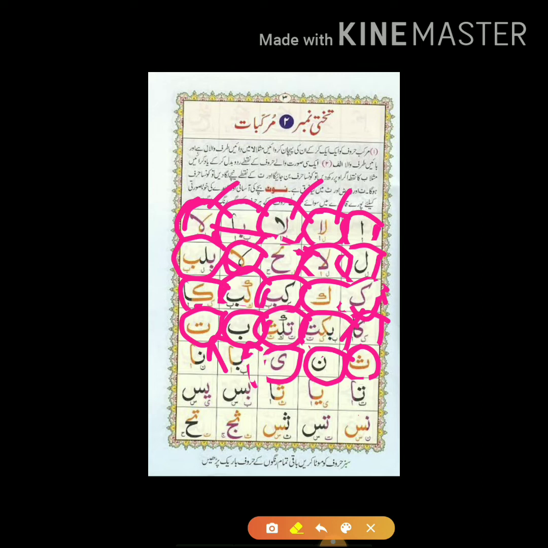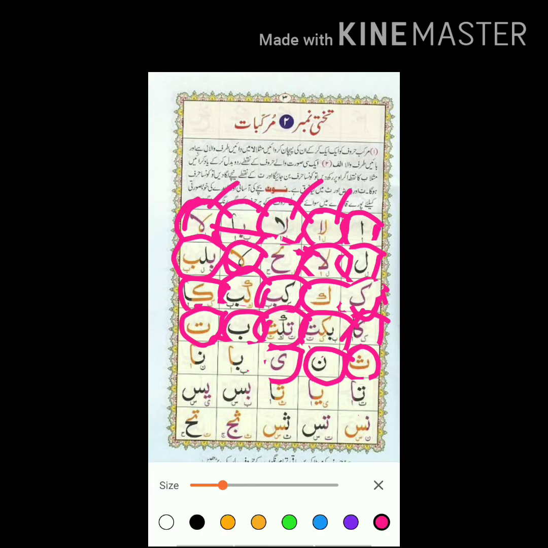We have already discussed the sounds of these letters in lecture number 1. I am again repeating: those who have missed my lecture number 1 can watch it again so that they may understand the shapes and sounds of the letters. Moving to the next box.